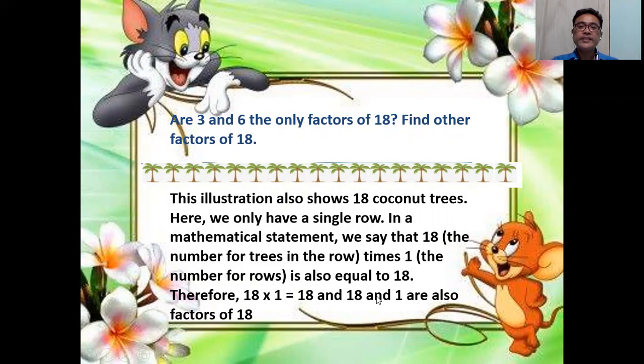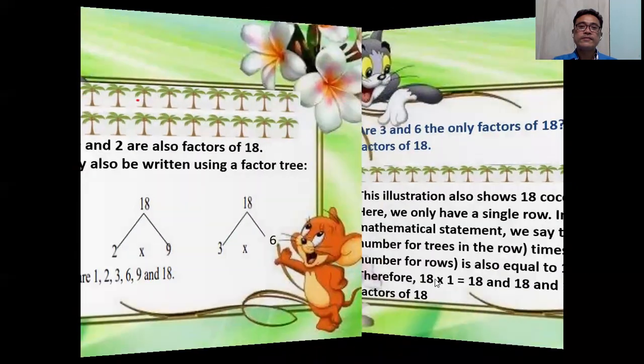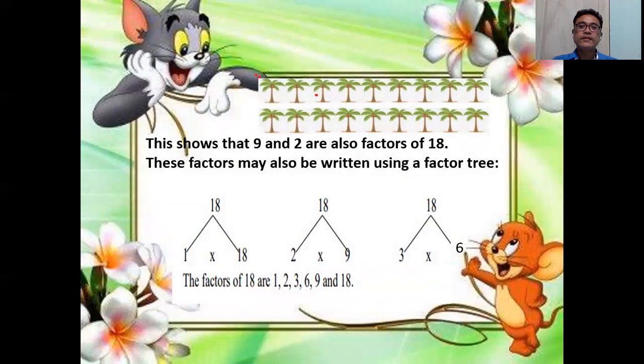Therefore, 18 times 1 equals 18. And 18 and 1 are also factors of 18. Look at this illustration. The illustration shows that 9 and 2 are also factors of 18.